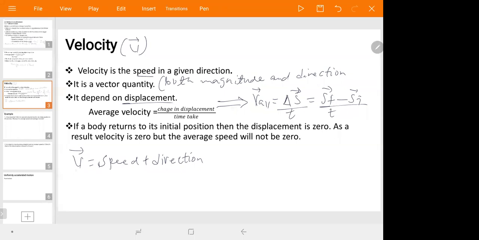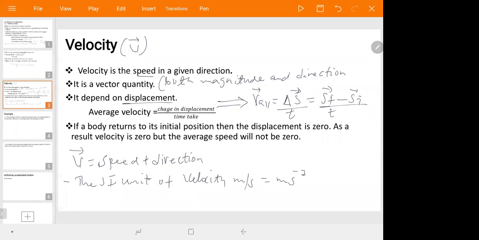The other point, the SI units of velocity and speed: meter per second, which is meter times second to the power of -1. Therefore, average velocity is equal to change in displacement divided by time.